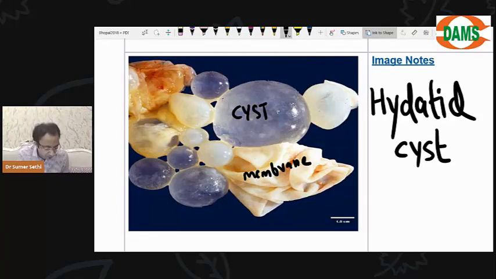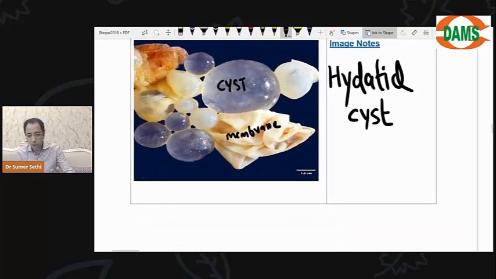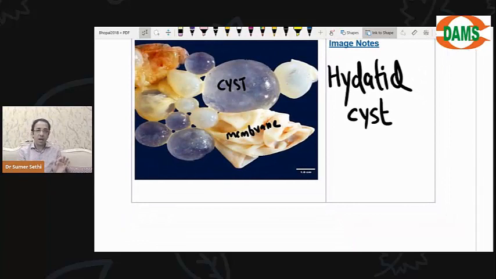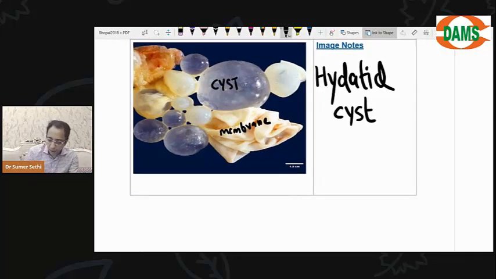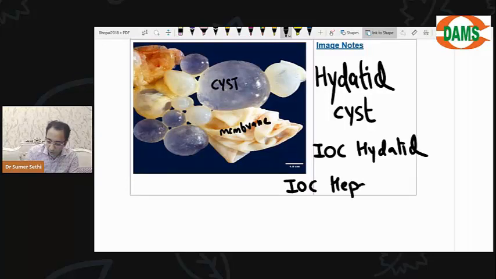What are we able to see? Hydatid cyst. So we need to learn how to identify hydatid in a radiological image in the exam. Okay. Let's see if you can answer. Investigation of choice for hydatid cyst. Investigation of choice for a hepatic hydatid cyst is.